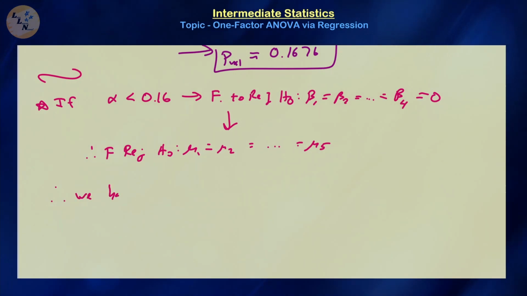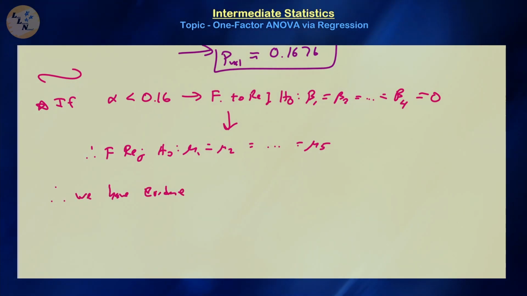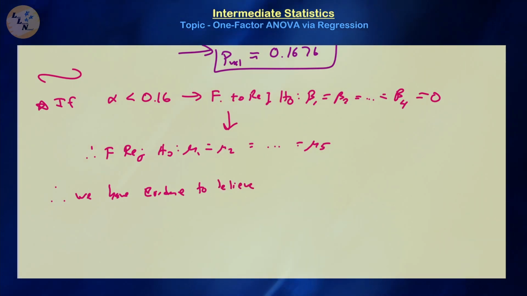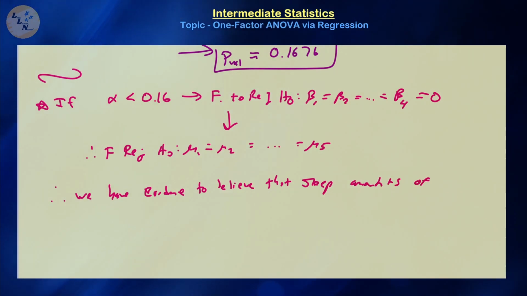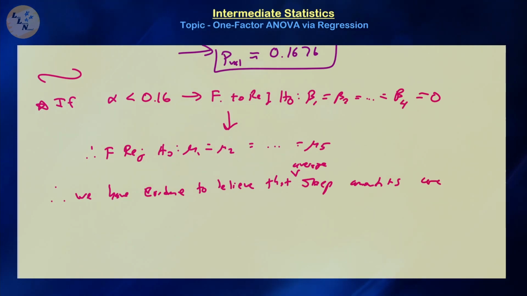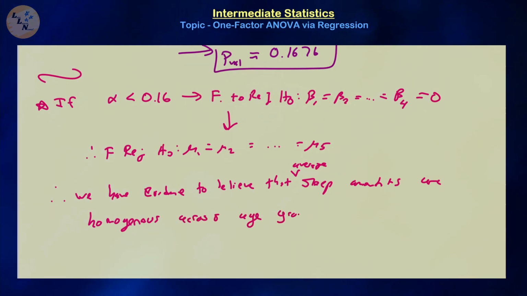That means we have evidence to believe that sleep amounts, or average sleep amounts, are homogeneous across age groups. And that is how you conduct a one-way ANOVA for the equality of means via multiple regression.